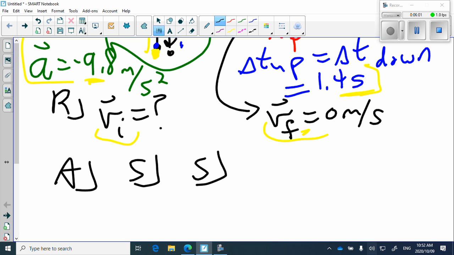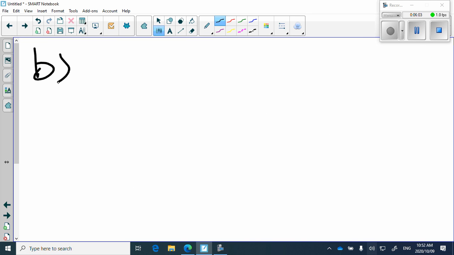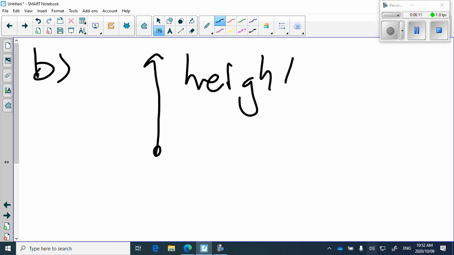Now, in part B of this, it's basically saying, how high up did it get? Well, kids, I don't have an equation that lets me calculate height, right? But I can interpret this height as its displacement.